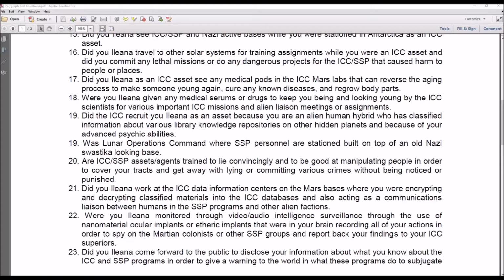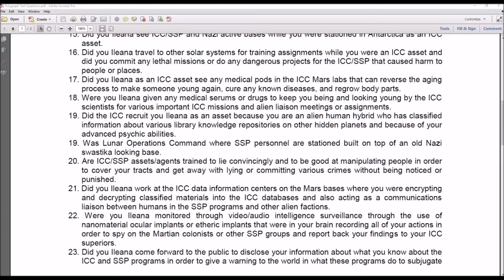I did not think or even know that I was spying on them. I thought the ocular implants were just to gather basic information about various planets and locations that I'd been to, but not to spy on anyone. Certainly not to spy on the Martian colonists or the SSP groups that have their own programs in conjunction with ICC programs.